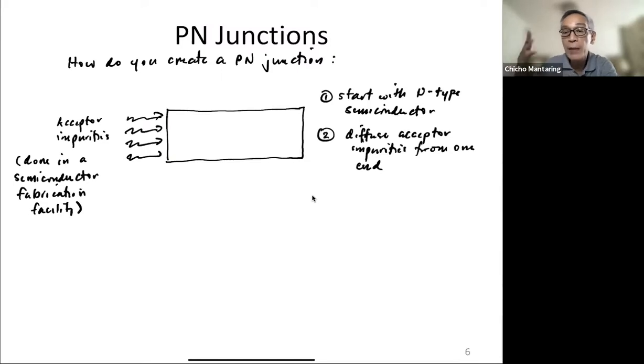So the same principle of diffusion: if you have a non-uniform concentration, the tendency will be for the concentration to become uniform. So your acceptor impurities will now find their way inside the solid. So these are now your acceptor impurities.